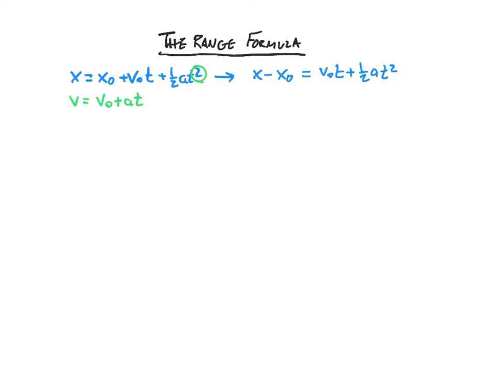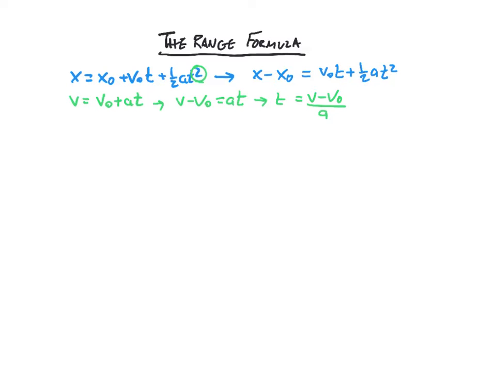You could do it that way, it's just more difficult. So instead, we just subtract v0, so we get v minus v0 is equal to at, and that means that t is equal to v minus v0 over a.